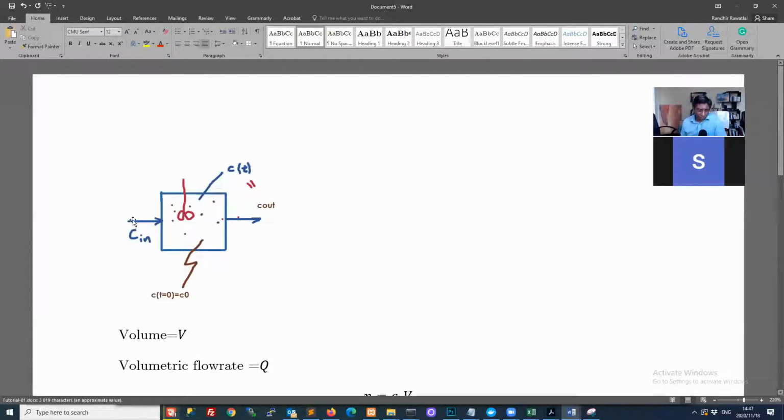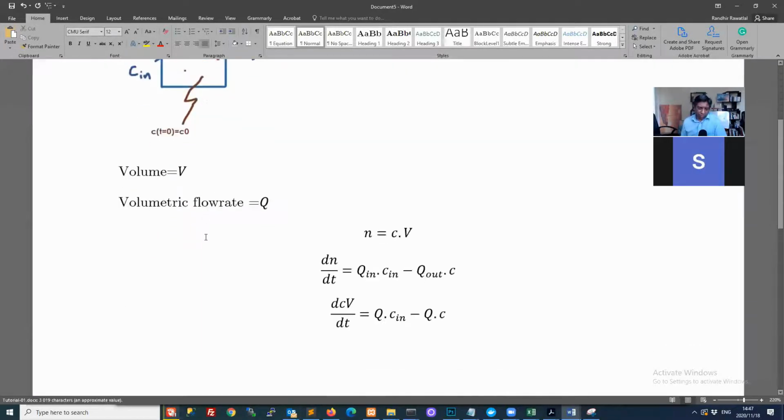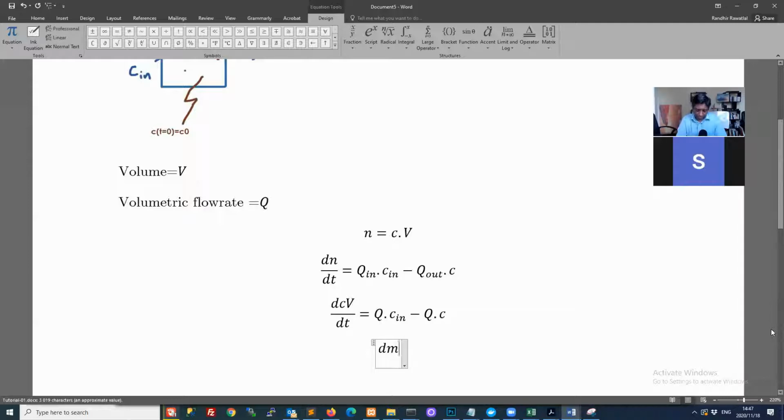If you've got an equal volumetric flow rate in and an equal volumetric flow rate out, then your net rate of change of volume is going to be 0. In fact, more strictly, we should do it as a mass balance. So if we write a total mass balance over that reactor, we can say dm/dt on that vessel is equal to d(rho V)/dt, so density times the volume, which is the mass in that reactor.